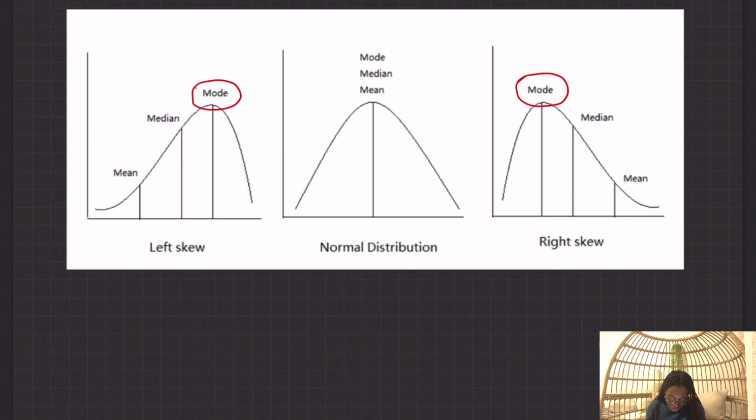So in a skewed left graph, mode is greater than the median, which is greater than the mean or the average. And in a skewed right graph, it is the opposite. The mode is less than the median, which is less than the mean.